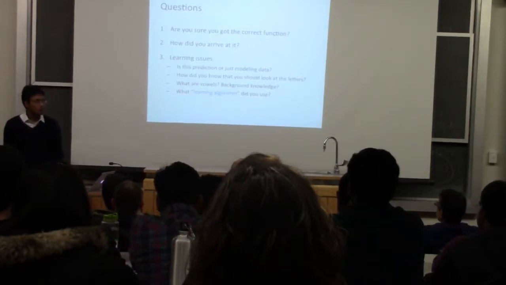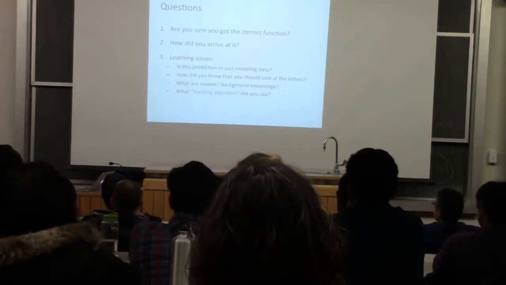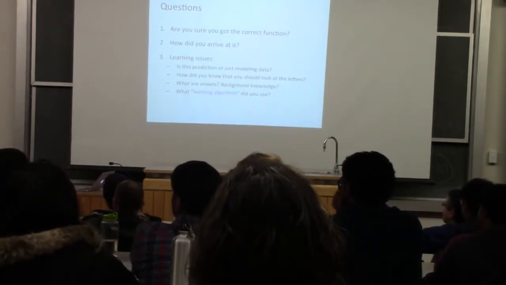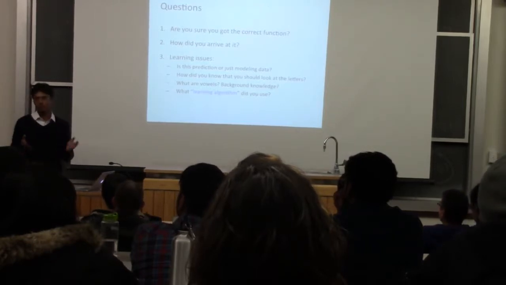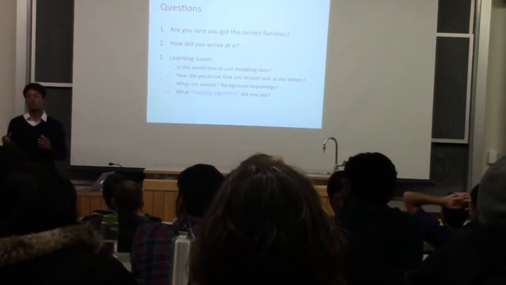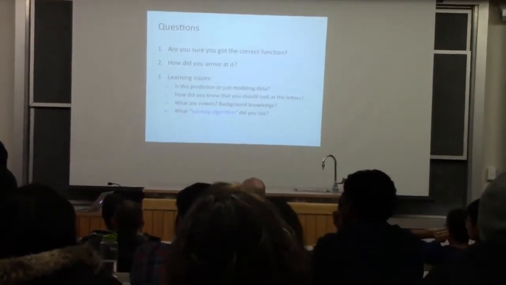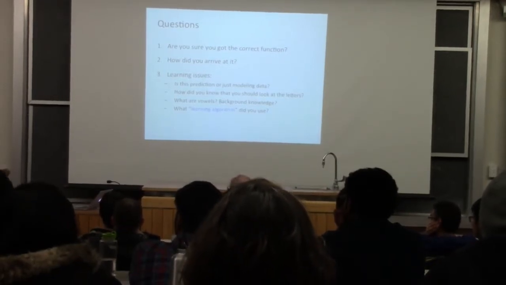So, an important question that you should think about when it comes to machine learning is, if I hypothesize that the function is producing the label, producing some value, and this function is derived from training data, what's the guarantee that this is the right function?